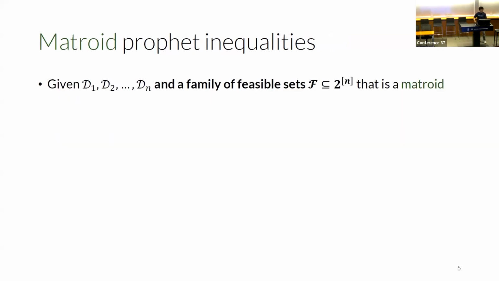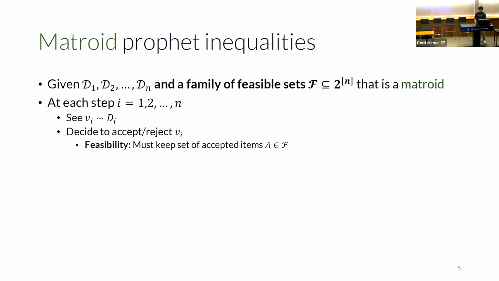So let's take a look at the so-called matroid prophet inequalities, where we are further given a family of feasible sets that is a matroid. Now, when we are trying to select items, we need to make sure that the set of accepted items is always inside this feasibility family.